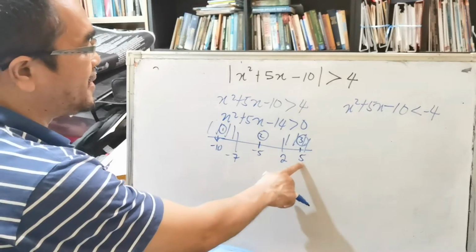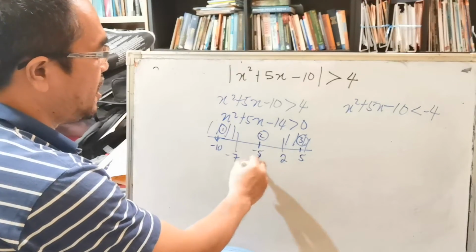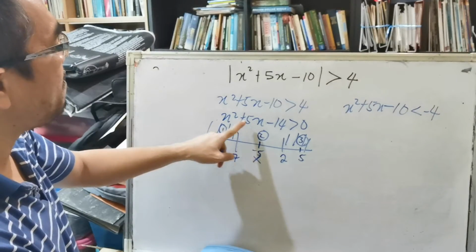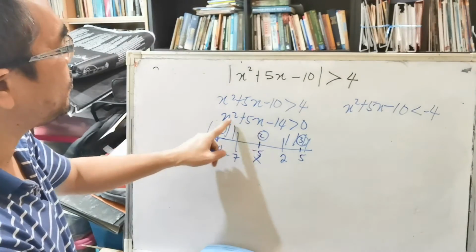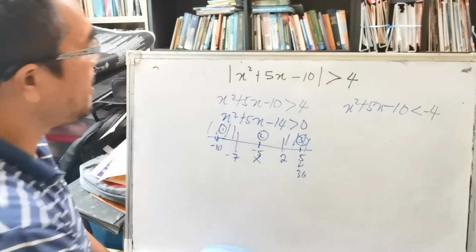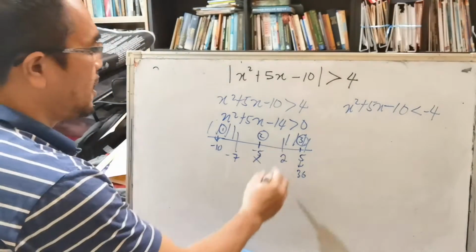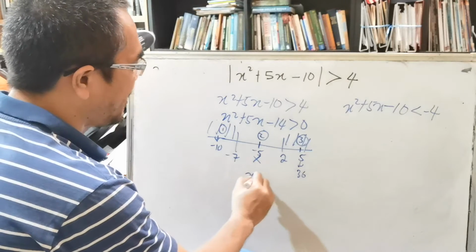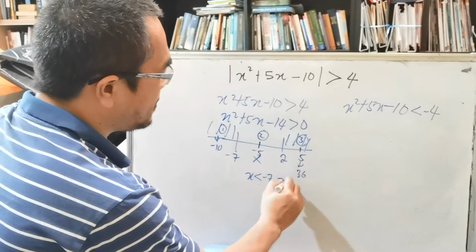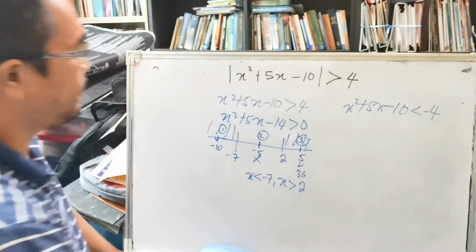But if you replace x as 5, 5 squared, 25 plus 5 times 5, 25, so it's 50, you get 36 here. So in this case, you say the answer is x is less than negative 7, x is more than 2.